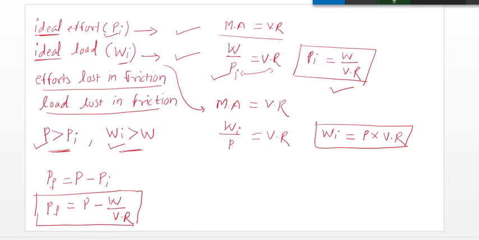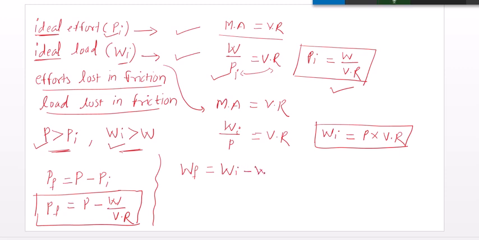Similarly, we want to find the load lost in friction, W suffix F. Again it is the difference between ideal load and the actual load. Now ideal load is greater, that's why take the ideal load first minus actual load.